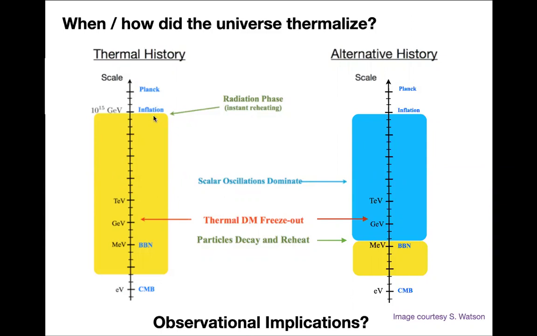Inflation immediately leads to a thermal bath of particles, and then you just have the regular evolution. Instead, you can have something where the decay of the inflaton is long-lived and it leads to some matter domination or some other phase, or you have other particles and it leads to some other phase. And so we really need to compare the two possible histories as opposed to just assuming that you have instant reheating.